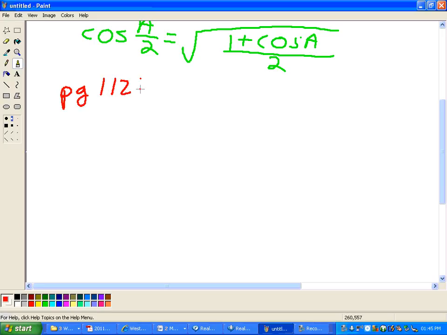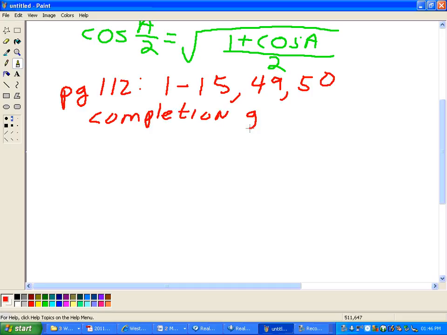We are doing problems 1 through 15, and 49 through 50. If those are finished, then you turn them in on Tuesday, and you will get a completion grade for them.